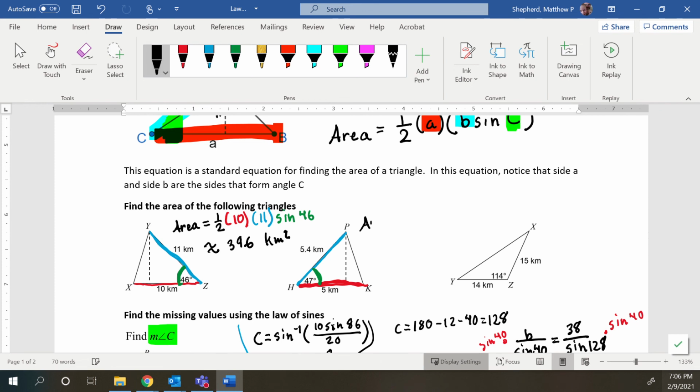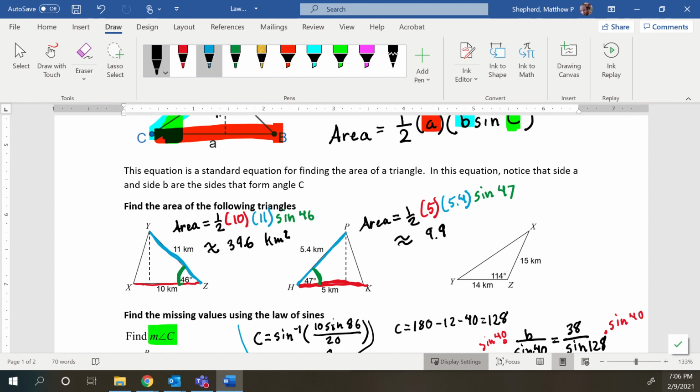So area is equal to 1/2 of the A times the B times sine of the angle in between them. And that's going to equal approximately 9.9.